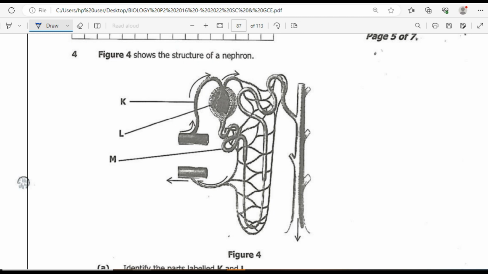Okay, so we move on to question 4. Figure 4 shows the structure of a nephron. So K is bringing blood to the glomerulus and Bowman's capsule. Then this is our L, which is our Bowman's capsule. Then our M, it's this vessel that carries the glomerular filtrate until it becomes urine.